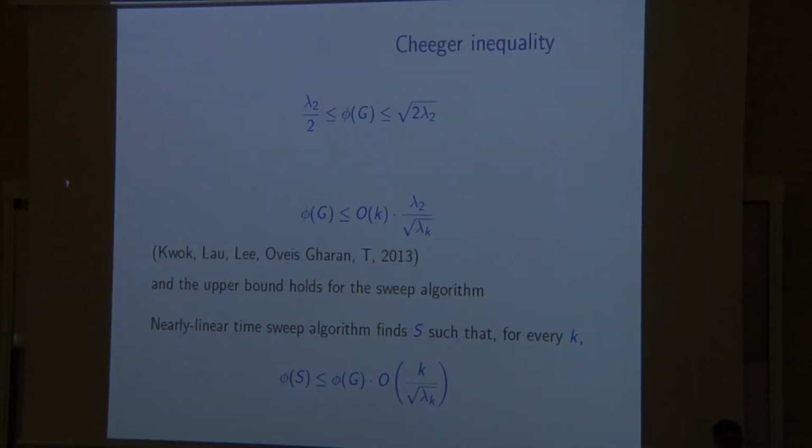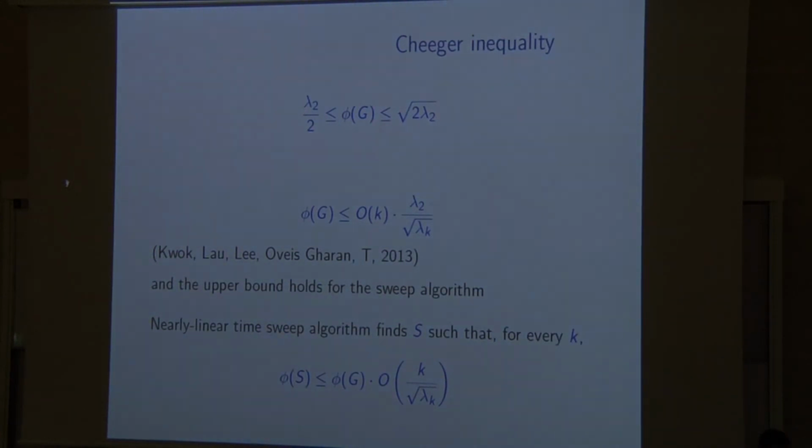One thing to notice here is that the algorithm does not know k, does not know lambda k, does not know the eigenvectors of lambda k, it just knows the eigenvector of lambda 2. So these properties of the spectrum of the graph come up in the analysis, not in the algorithm. The algorithm is completely oblivious to all this.